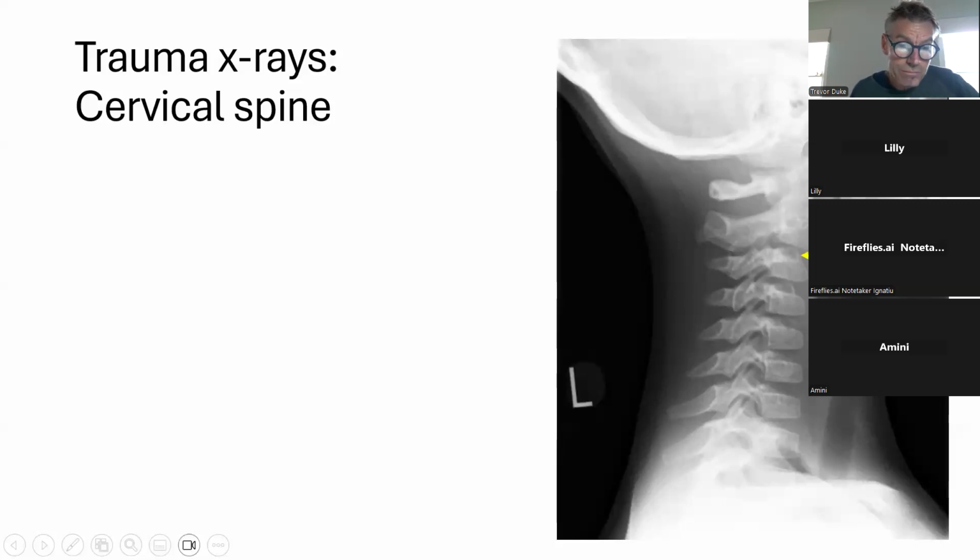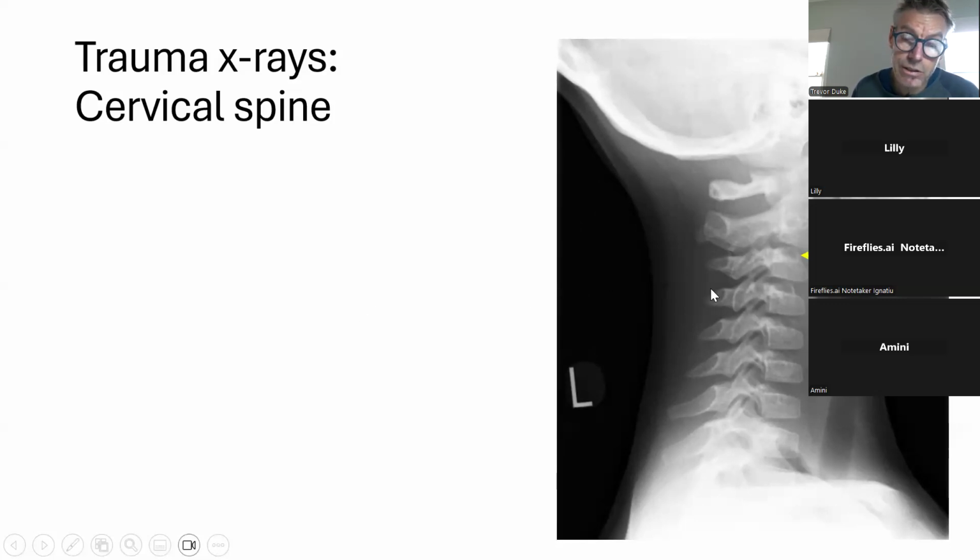There is one area in children where sometimes we can imagine that there's a gap or a step, if you like, between the vertebral bodies, and that's between C2 and C3.